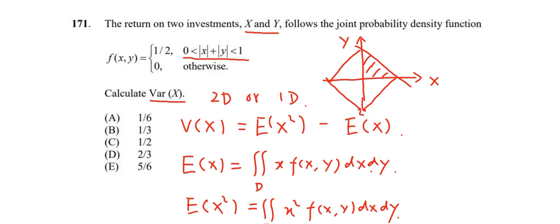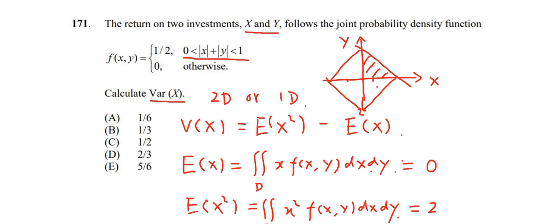Okay, so now let's check this x. We can find E of x equals 0, right? Symmetric, x equals 0. Because here x is positive, here negative, so they just cancel. So for x squared, we can say it equals 2 times the positive part, right?